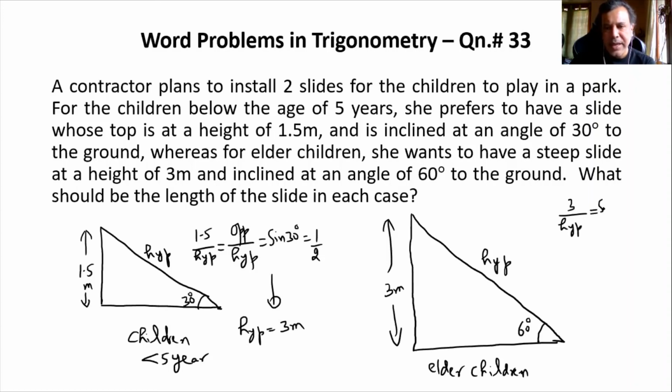And that is nothing but sine 60. So what is sine 60? It is root 3 by 2. Again, by cross multiplication, we will have hypotenuse is equal to 3 into 2 divided by root 3. So that will work out to 2 root 3 meters.